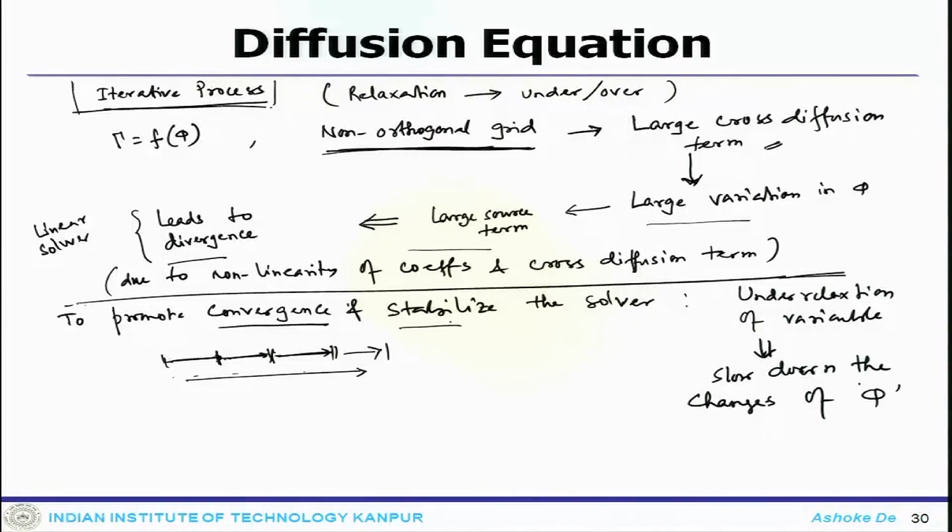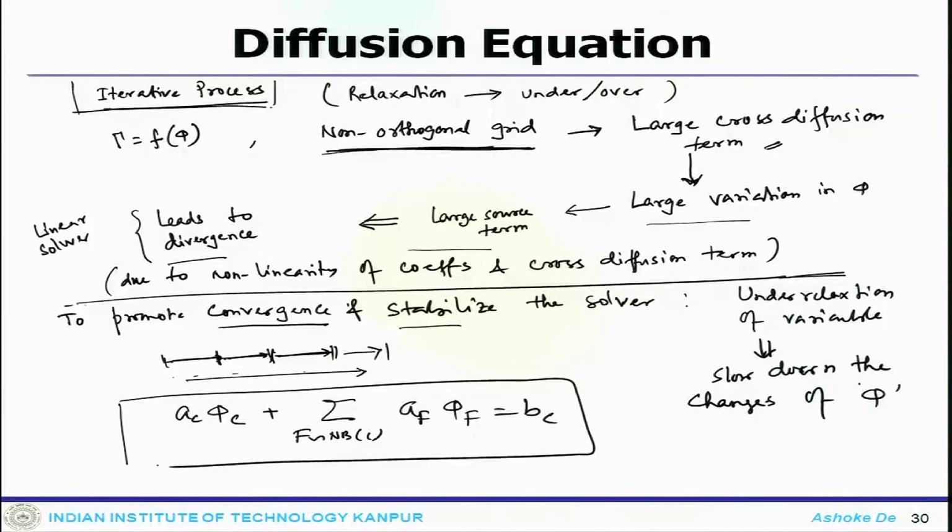Now, one can look at the general discretized equation, which is A_C phi_C plus the sum over f going to NB(C) of A_F phi_F equals B_C. This is true for any system we have discussed so far: orthogonal, non-orthogonal, structured, unstructured, Cartesian, non-Cartesian.